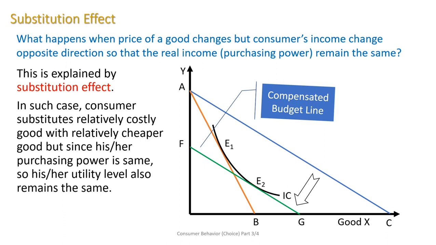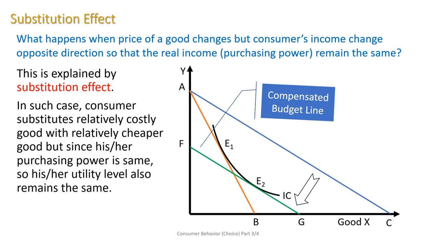Students, keep in mind that this shifting of the budget line so that it becomes tangent to the original indifference curve is J.R. Hicks' idea. There is another group of economists led by Slutsky.